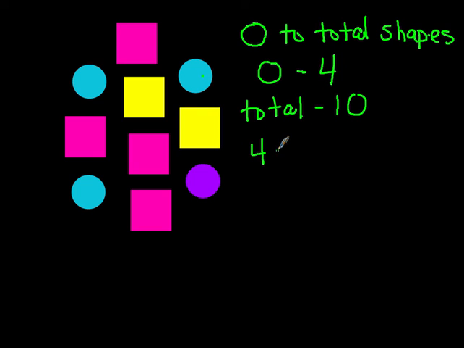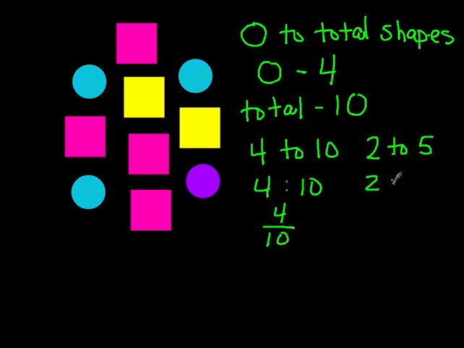That's going to be 4 to 10, 4 to 10, and 4 to 10. This one can also be simplified by 2, making my final simplified ratios 2 to 5, 2 to 5, and 2 to 5.